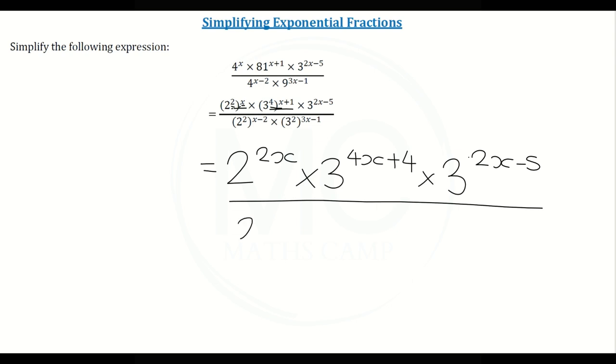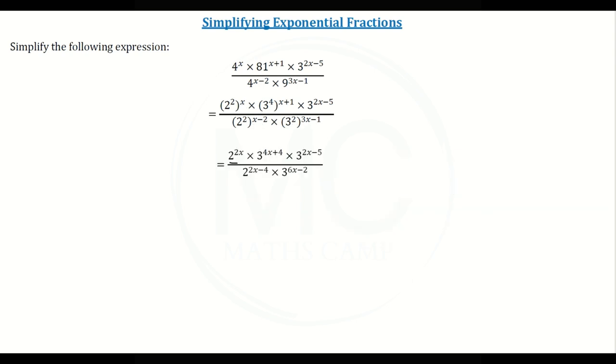Got a base of 2. Now we need to multiply 2 by x minus 2, and we get 2x minus 4, multiplied by base of 3, and then we multiply the exponent of 2 by 3x minus 1. 2 multiplied by 3 is 6, so I get 6x. 2 multiplied by negative 1 is negative 2.